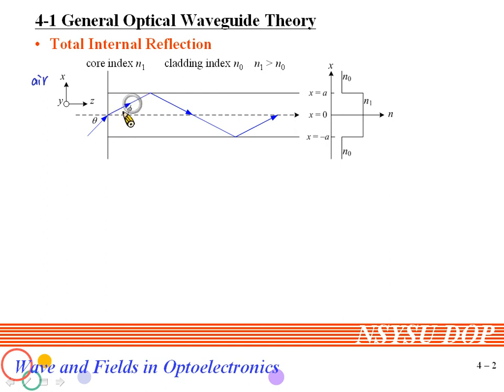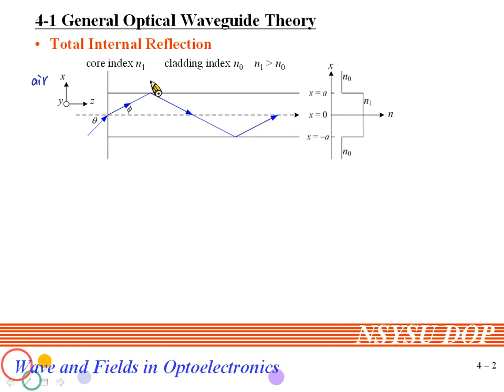As the signal goes to the interface between the core and the cladding, due to total internal reflection, it will be reflected, and at the other interface, it will be reflected again. By total internal reflection, the signal can be transmitted from the input to the output to perform the transmission of information.